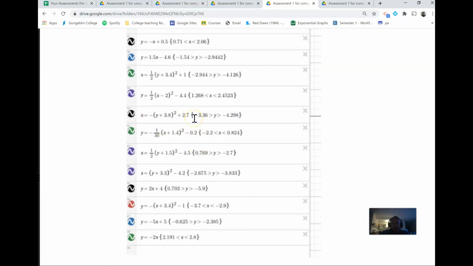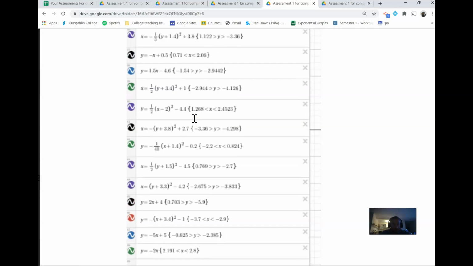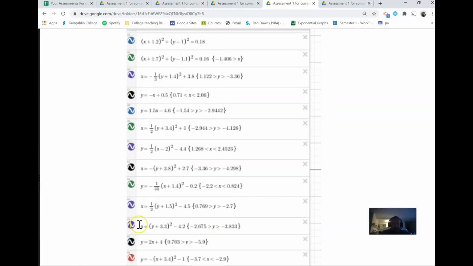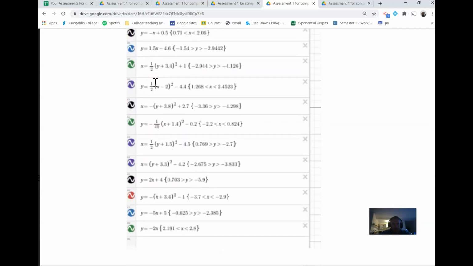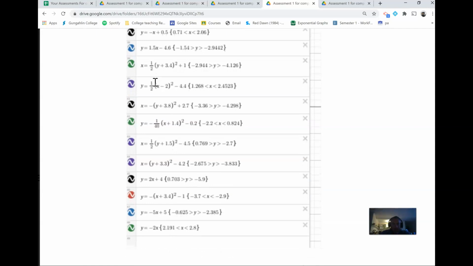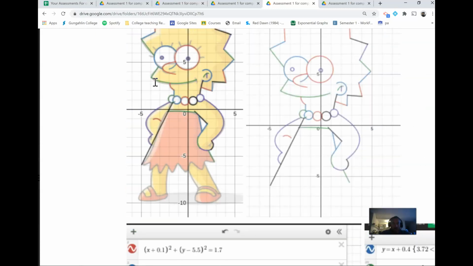Cool. Okay, again, a very solid job. They've used a lot of parabolas and flattened them out accordingly, which is good to see. They've used the y equals ones, sorry, the x equals ones as well.